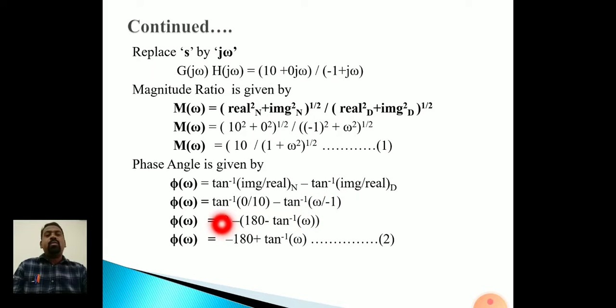Tan inverse of 0 by anything is 0. Because of the minus 1, tan inverse of omega by minus 1 changes to 180 minus tan inverse of omega. So finally the phase angle is minus 180 plus tan inverse of omega. Call this equation number 2.